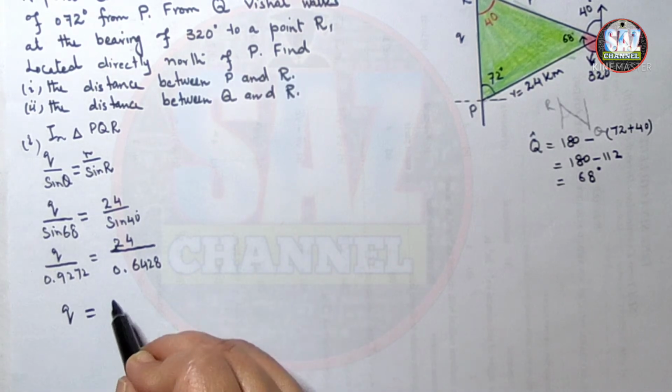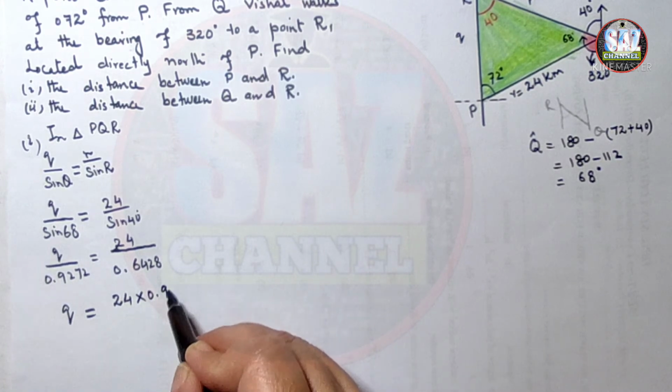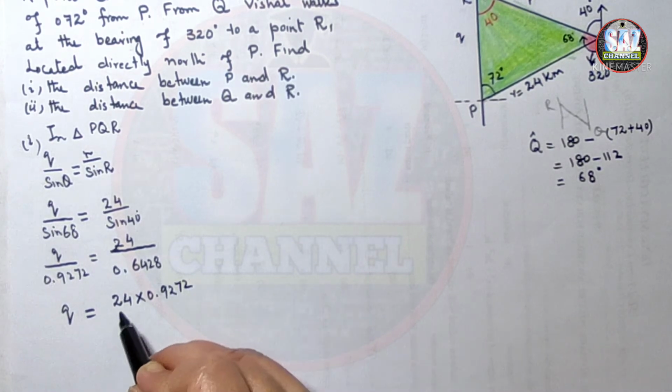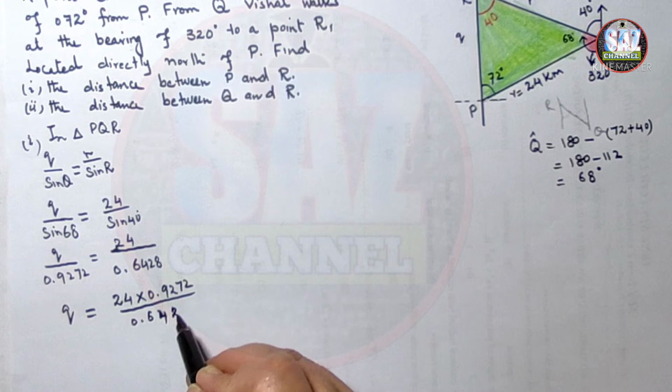So q is 24 multiplied by 0.9272 upon 0.6428.